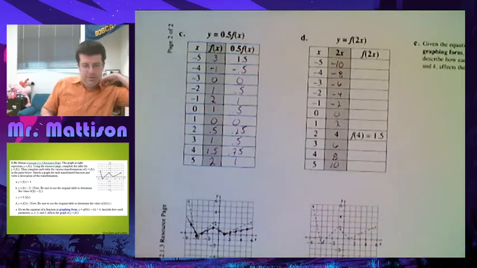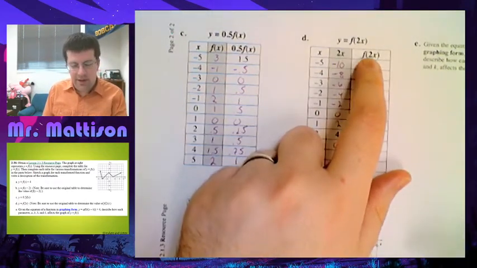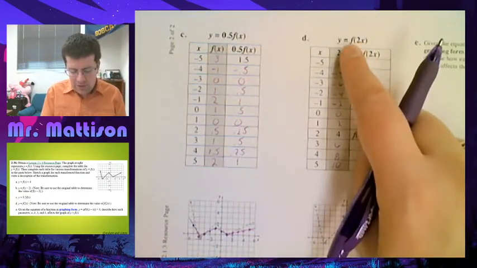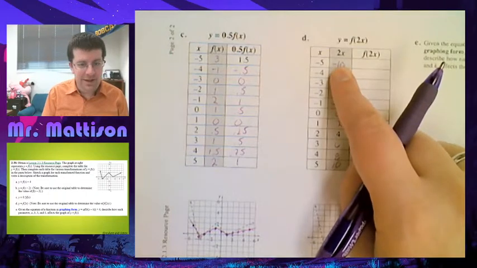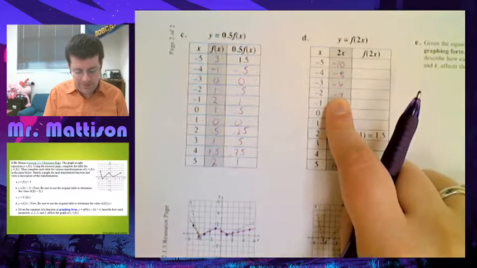Okay, so now we're going to find, hey, what's the f of those? So we can kind of refer back to these ones here. Well, I don't know what the f of -10 is, or -8, or -6, but I do know f of -4. So I can start there.